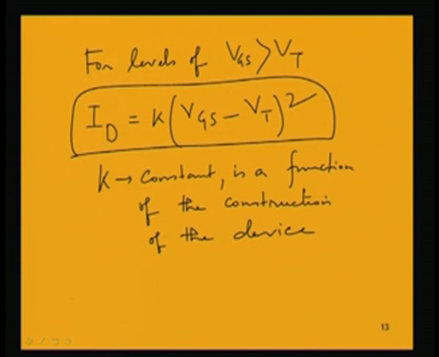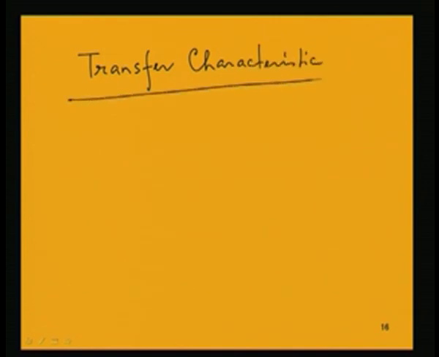Now, from this drain to source current characteristic versus VGS, we can also know about the transfer characteristics. So, transfer characteristics are the characteristic between the input and the output. So, what is a transfer characteristic? If we consider this MOSFET device, it is the characteristic between input and output.